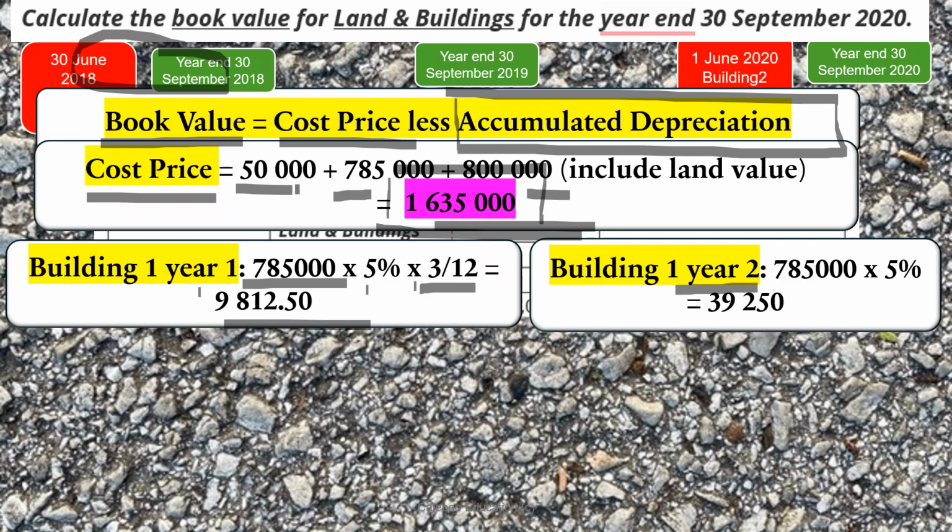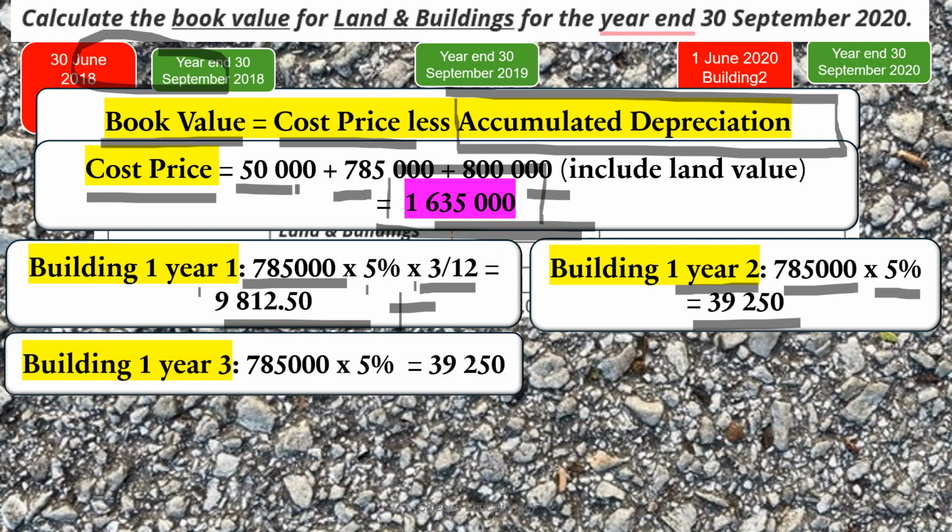Building 1, year 2, it's on the straight line method. 785,000 times 5% is equal to 39,250. That's year 2. Building 1, year 3 was for a full year.